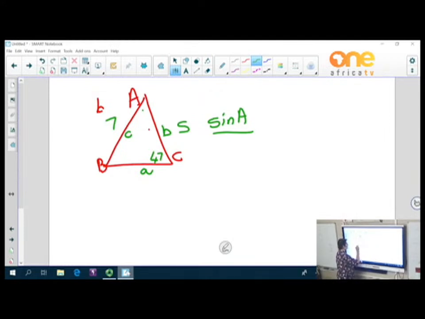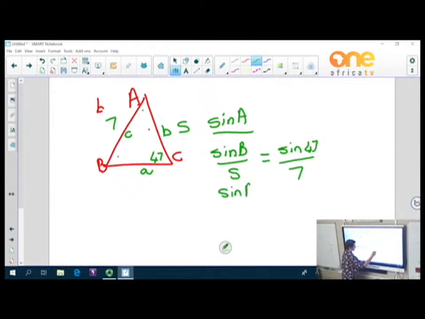So I'm first going to find B because there I have a side there. So sine B over 5 is equal to sine 47 over 7. Now it is possible to find B and then we will find A. So 5 times sine 47 divide by 7.